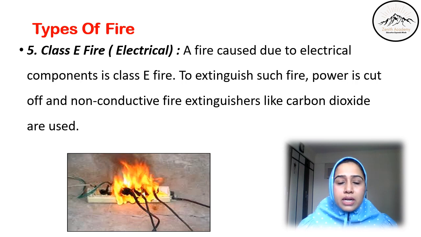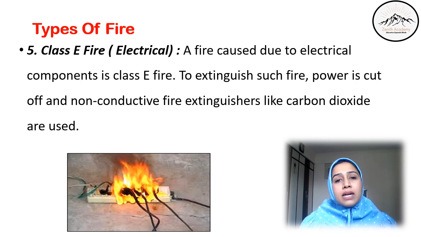Now, what does non-conductive fire extinguishers mean? Non-conductive means the materials that do not conduct fire, means will not catch fire. So these are extinguishers which are made of carbon dioxide. Carbon dioxide is a gas which will not support fire and also not burn itself. So that is why it is called non-conductive.